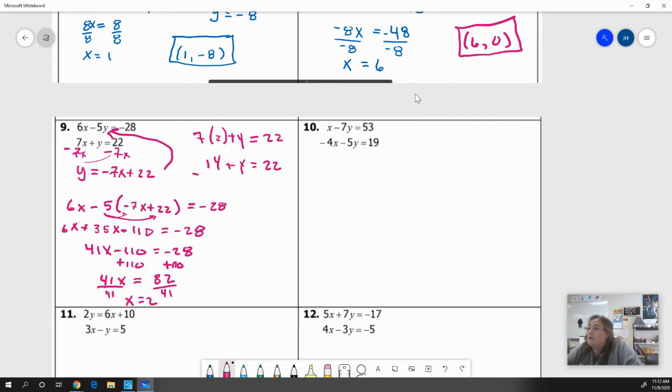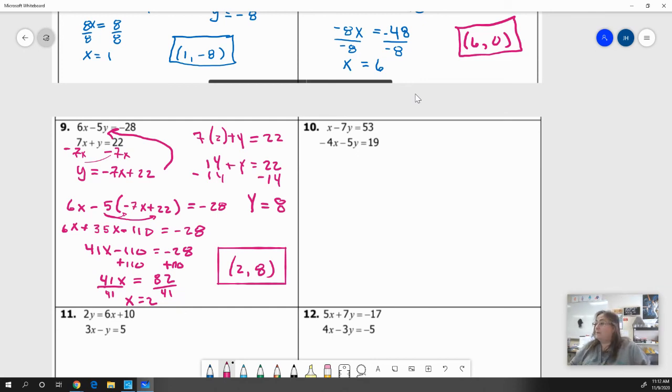And I'm going to subtract 14 from both sides. And I get y equals 6, right? No, 6, 7, 8. Y equals 8. So here's my x, here's my y. I know the point where they intersect is at 2, 8. So that's basically substitution.